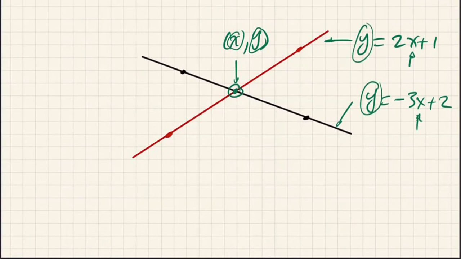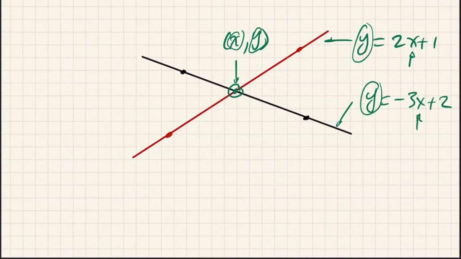This is the simultaneous equations concept. Don't bother yourself, but I want you to know what simultaneous equations are and how we solve them, and why the intersection of two lines is the solution of them simultaneously. You got it?